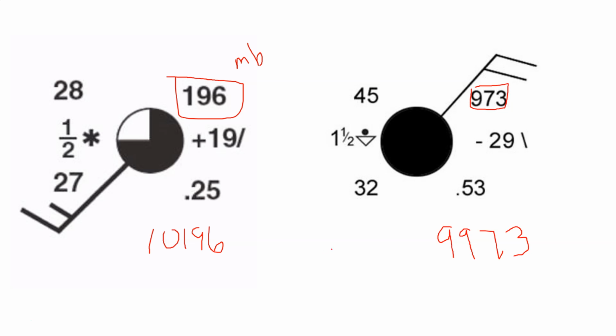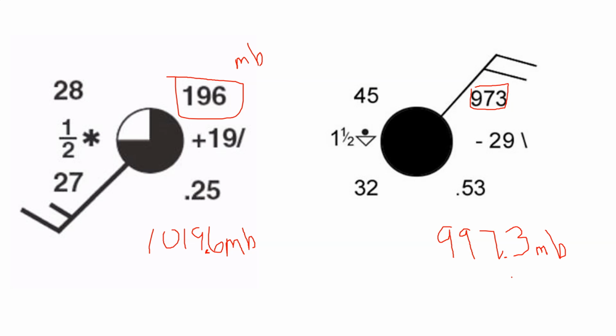Now the last thing that you have to remember here is you're going to go ahead and put the decimal point in before the last number. So this is actually 1019.6 millibars, and this is 997.3 millibars.